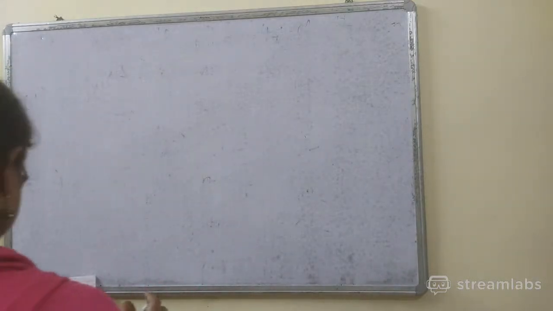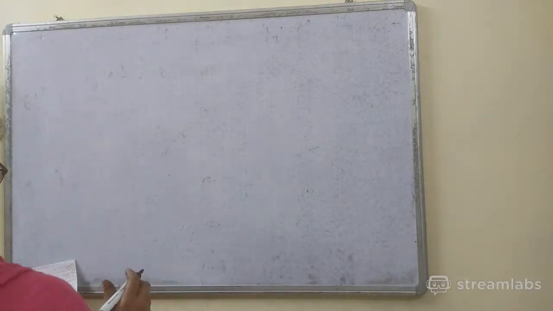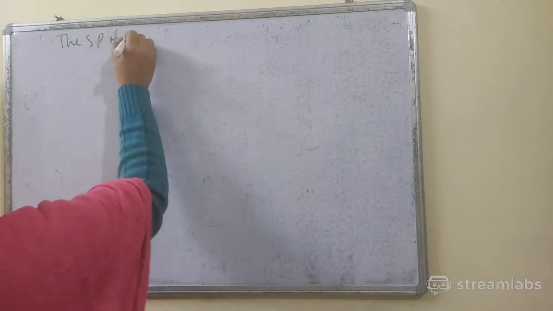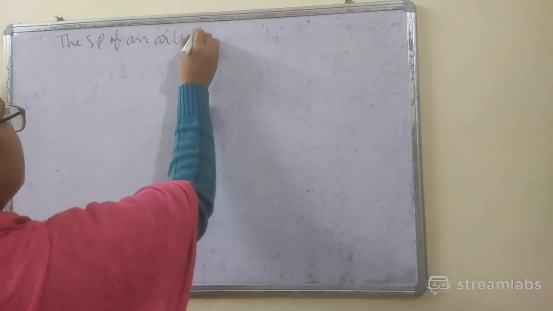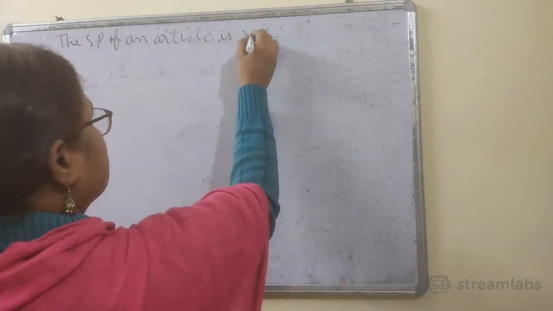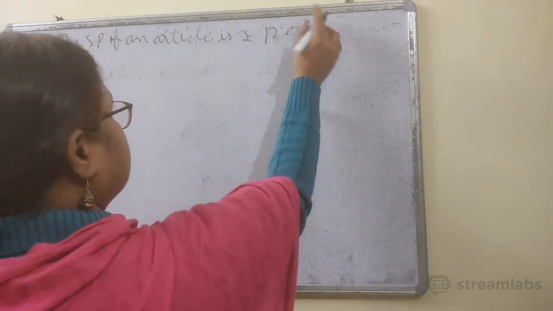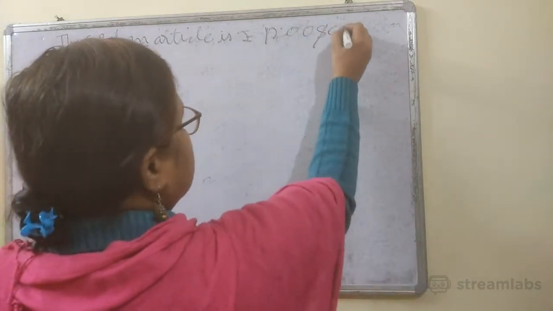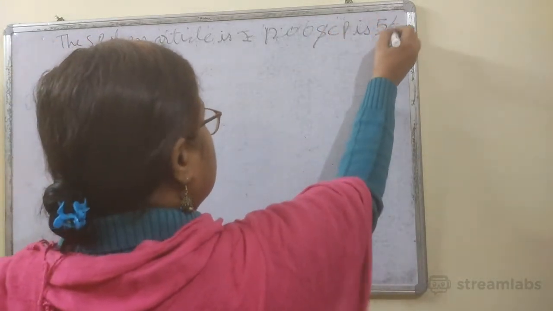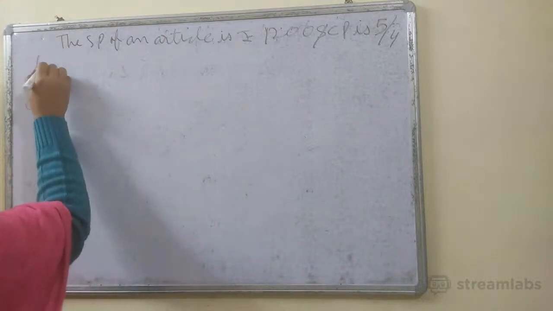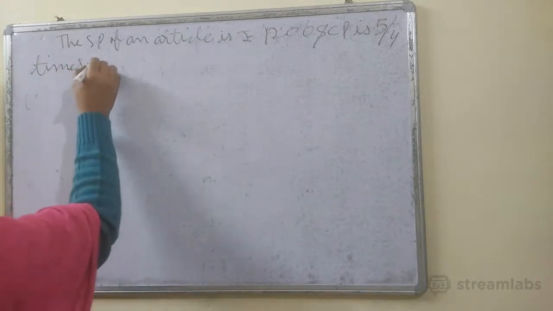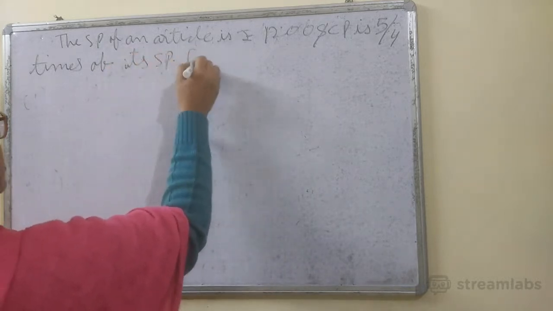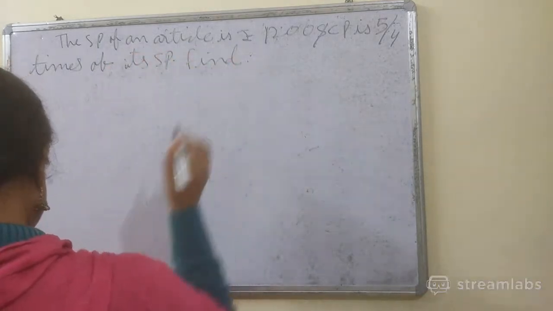Next is the SP of an article is rupees 1200. The SP of an article is rupees 1200. And CP is 5 by 4 times of SP.